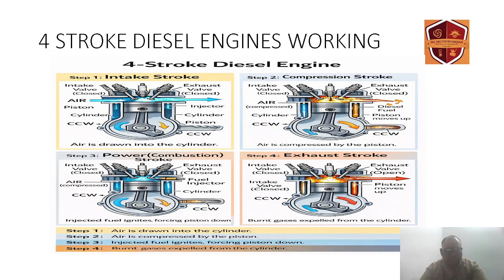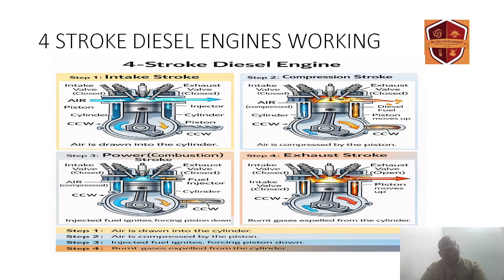Now when we talk about the working of four-stroke diesel engines, only air is drawn inside the cylinder. During this time, the exhaust valve remains closed and the air is compressed to a higher temperature, and a fuel injector is used for fuel injection.